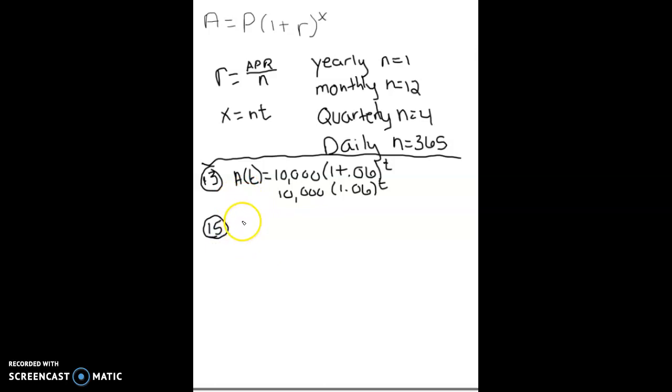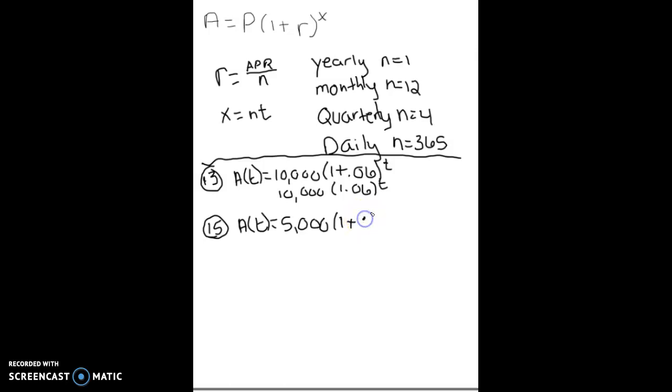Okay, 15, next one you had to do. Same setup with A of t. We're starting with $5,000. This one is being compounded monthly. So we've got our 1 plus, the rate is 4%. No, I'm sorry, it's actually 3.6%. I was looking at the wrong one.